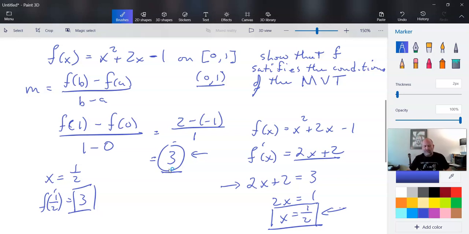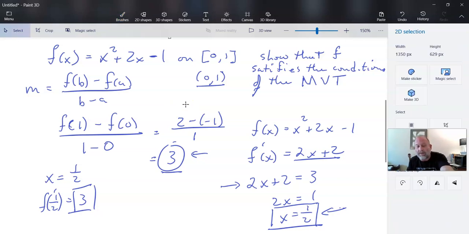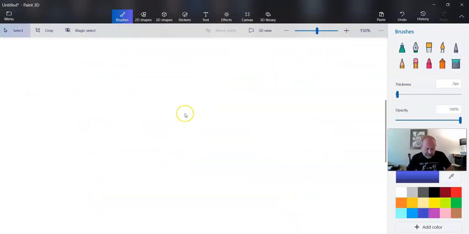And I want to point out, too, just why it needs to be continuous. Let's see here. We'll go ahead and get rid of that. And we'll look at a function over an interval that's not continuous. Okay, so if I have something like this, let's see here.